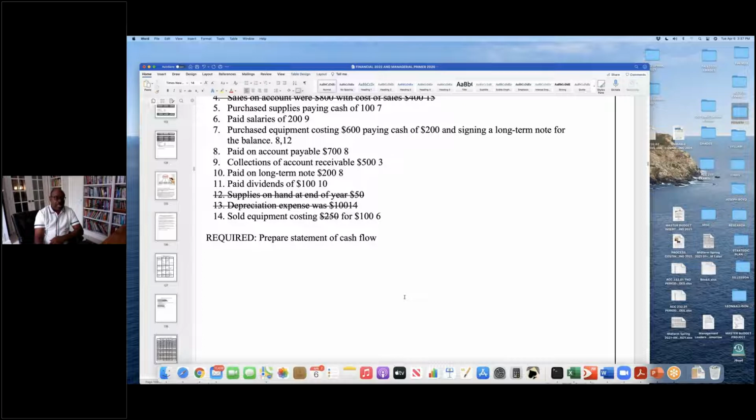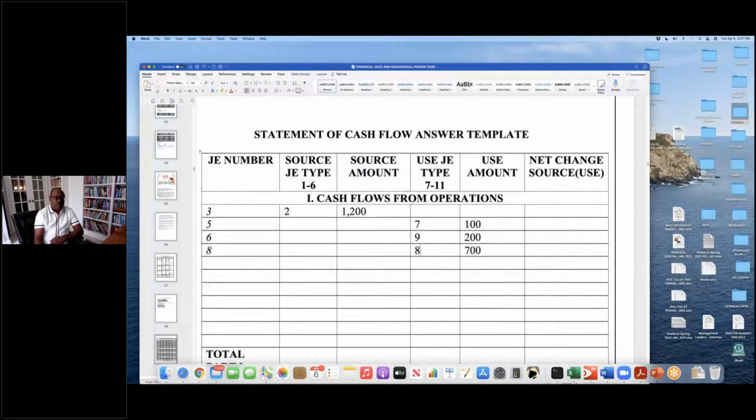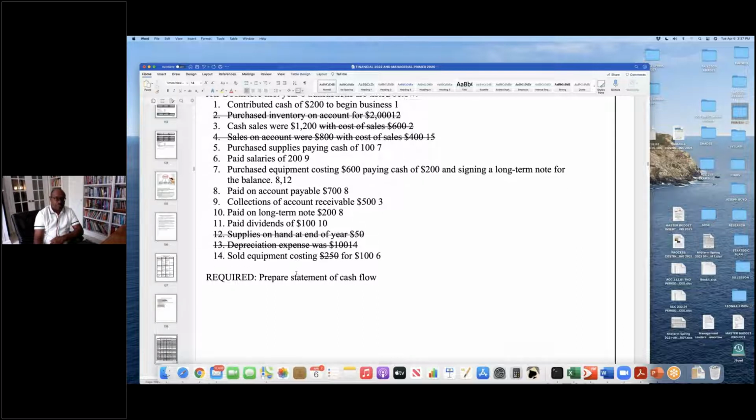We said that was type 3. So it's going to be up here. So we collected the $500. 500 of the 800.